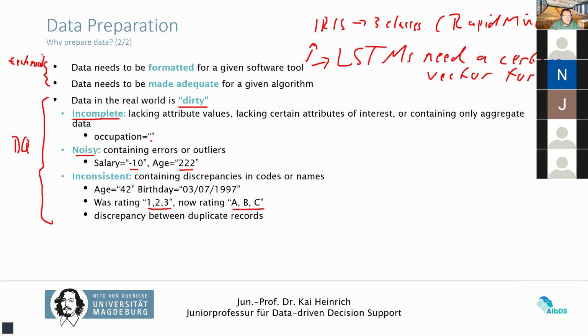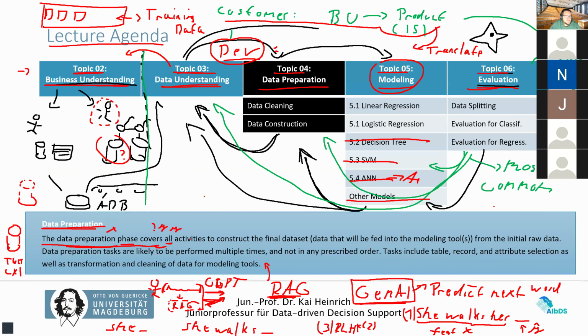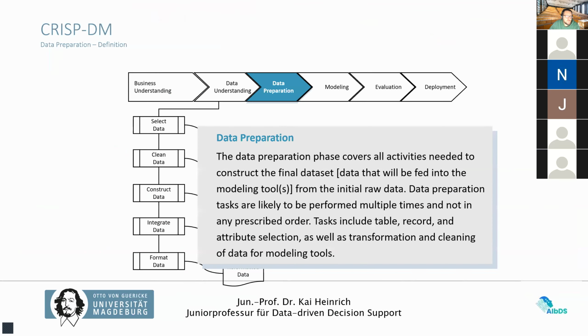This really happens a lot when you remember, let's go back. You remember this where every person said, hey, look, I have data here, I have data here, and we integrate this. So this step right here, this happens a lot in that step, right?